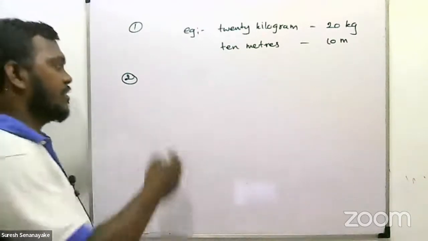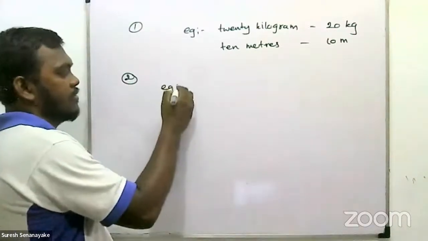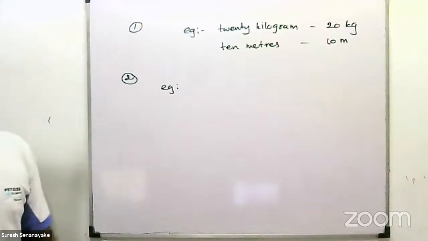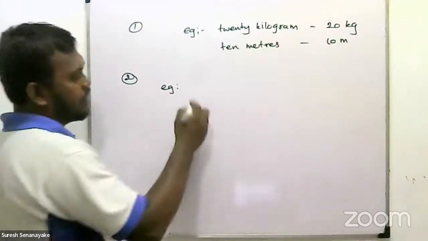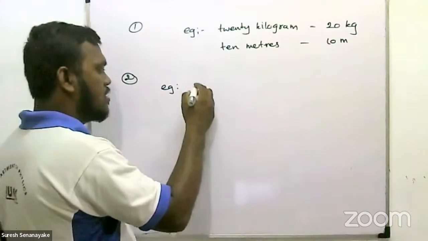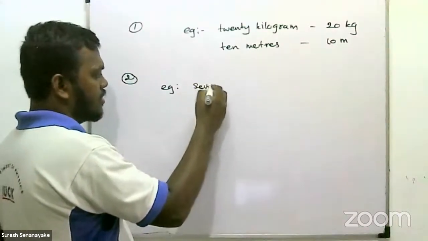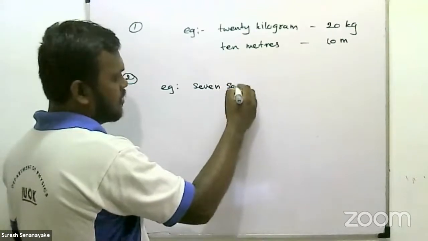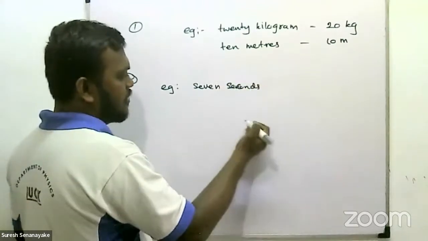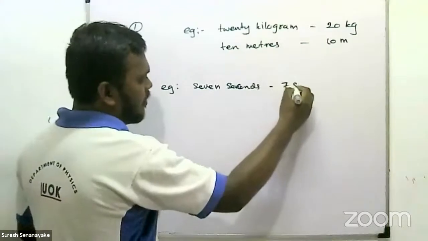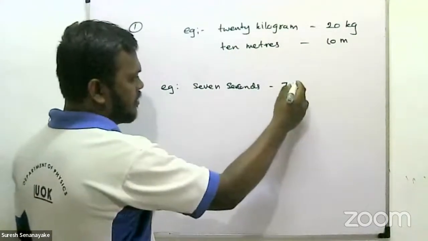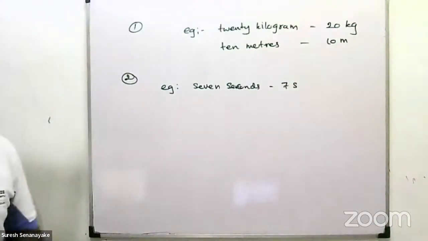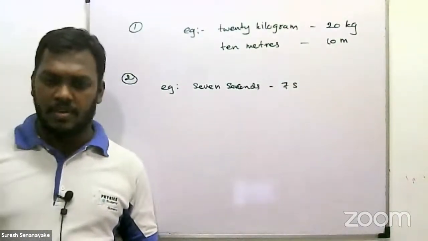Example: 7 seconds. We write 7 and only one, seconds only. No plurals are used. 7 seconds. Only one.